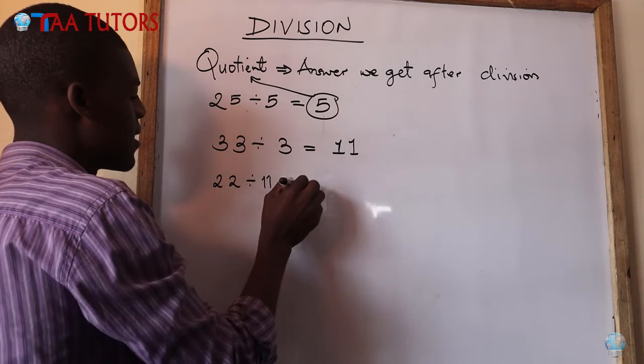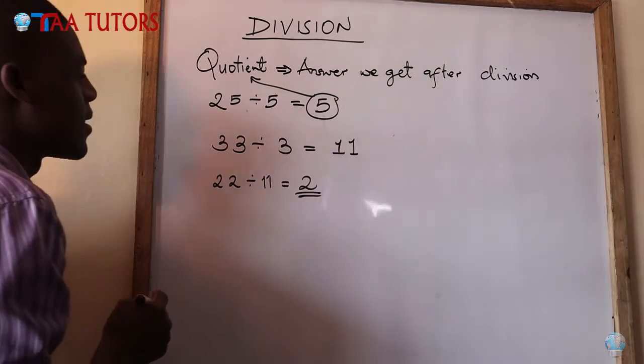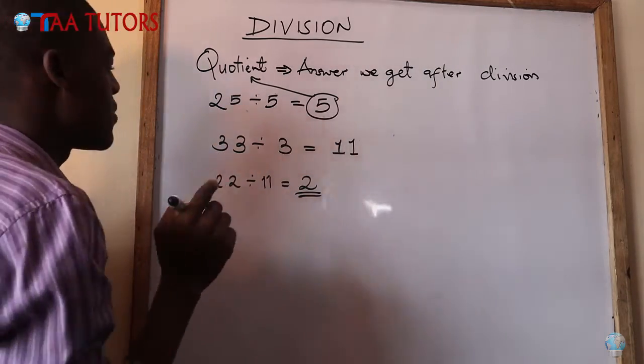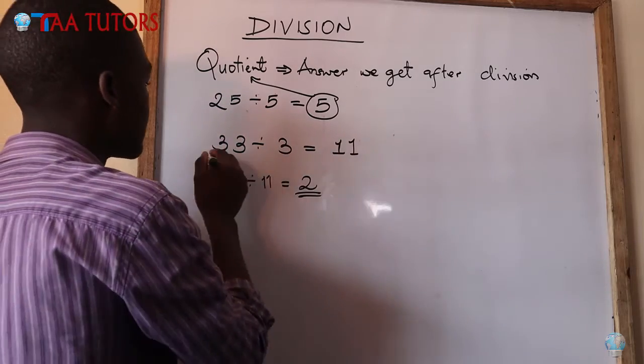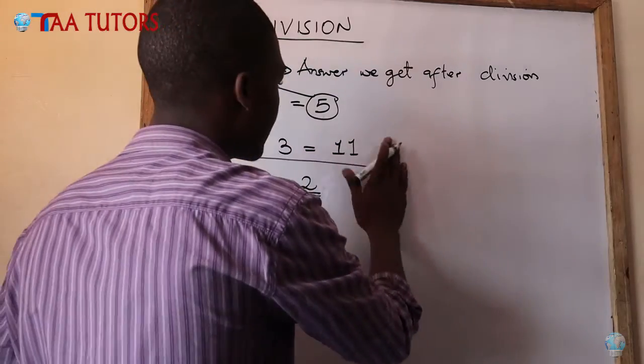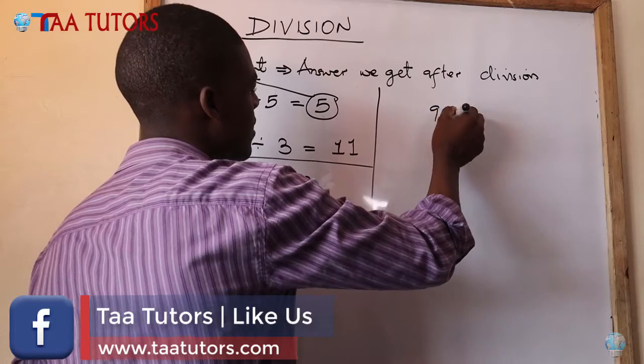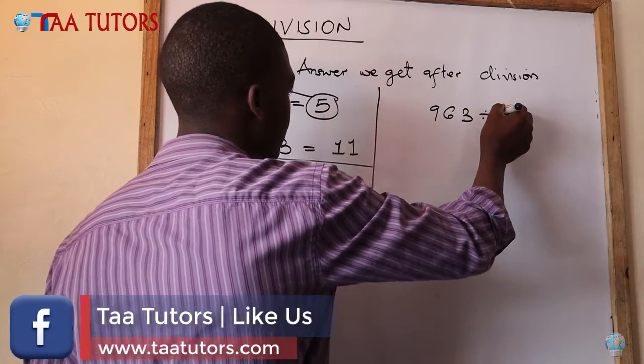The answer you are getting here is 2. So in a simple division like this one, it is very easy for a student to get the answer just in this simple arrangement. You'll find another example, let's say 963 divided by 3.